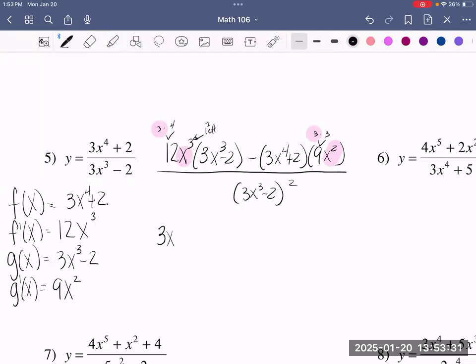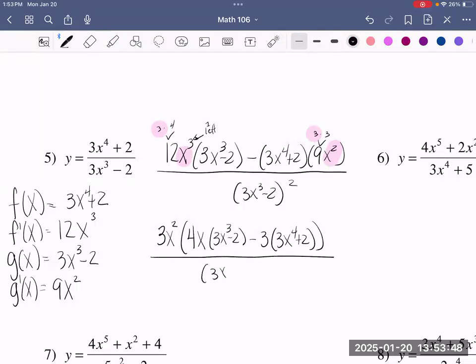A 3x squared. So behind we have 4x times 3x cubed minus 2 minus a 3x to the 4th plus 2 all over 3x cubed minus 2 squared. And that first 3 here is just the 3 that got left over.